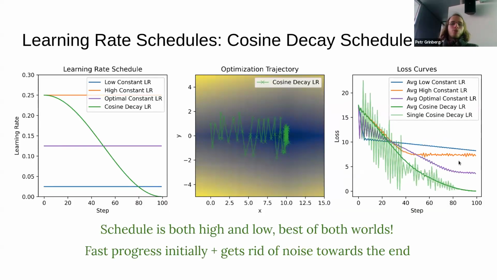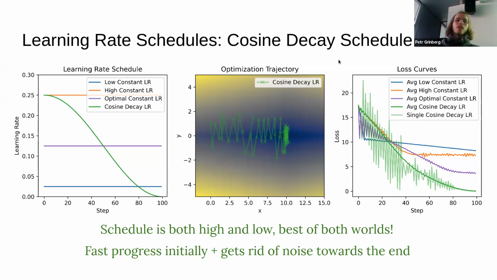But the best thing to do is some scheduling, where you start from some high learning rate and end at some very small learning rate. This allows you to make progress fast at the beginning, but closer to the end, where you are close to the optimum, you can avoid these jumps by adjusting the learning rate and allowing your model to make smaller changes. So you can slowly get to this optimal position.